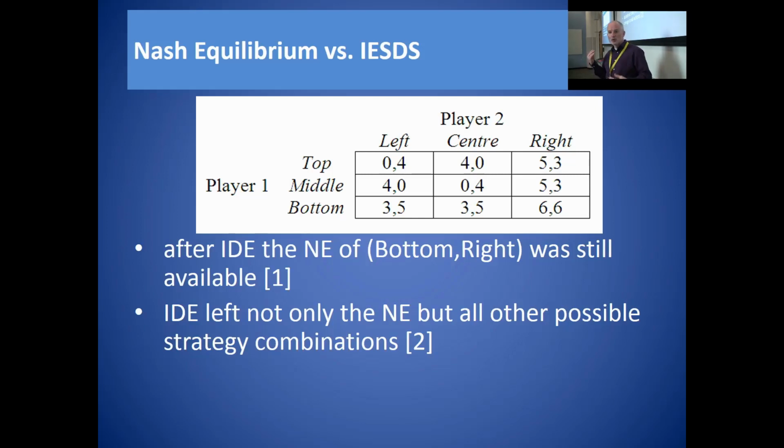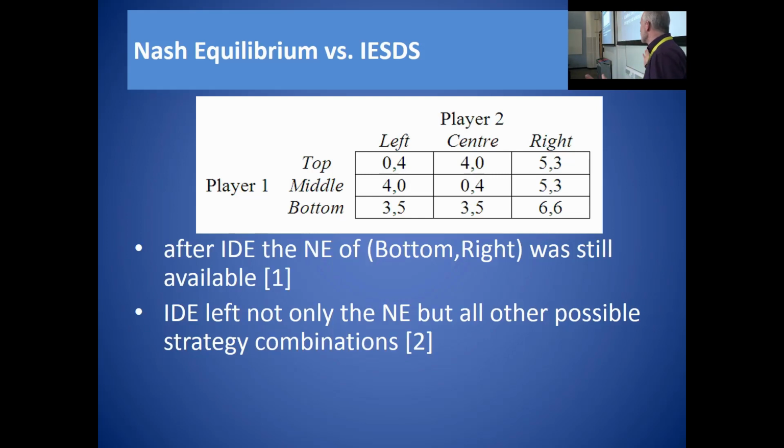Outcomes that we know rational players would never choose, because if they're not Nash equilibria, the players will have an incentive to deviate. If they've got an incentive to deviate, it cannot be an equilibrium outcome. And we said that the Nash equilibrium is a stronger equilibrium concept than the idea of an iterated dominance equilibrium.